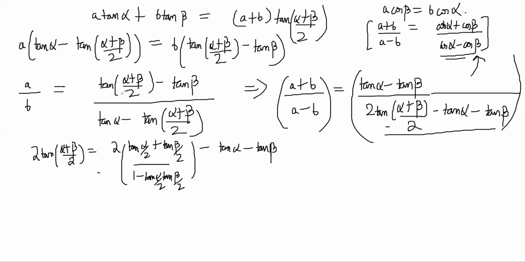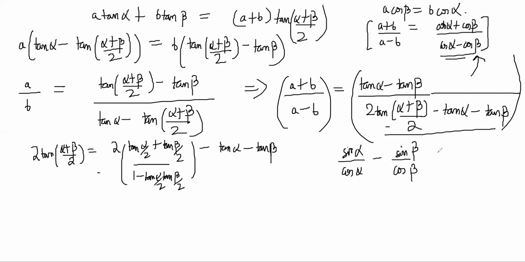Can I do it directly from here? Cos alpha by cos beta. I don't want to do it, that is the problem. Sin alpha by cos alpha minus sin beta by cos beta.